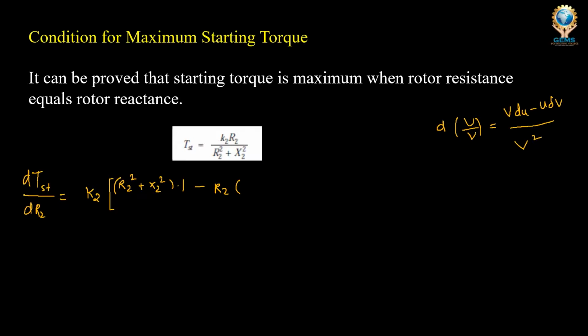Here, if you differentiate R2 square, you will get 2R2, divided by the denominator term V square.